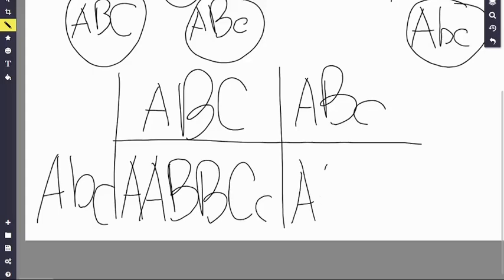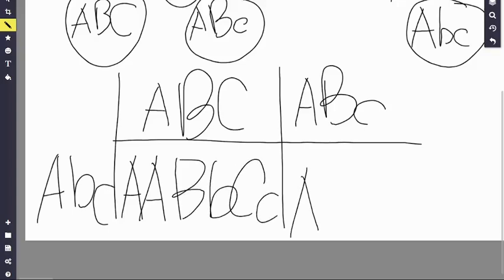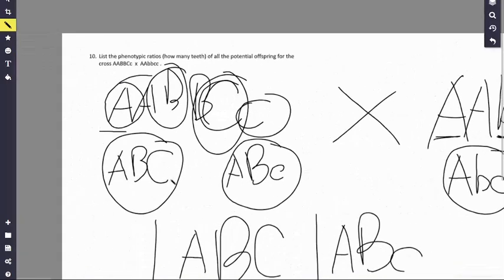This is going to be big A, big B, small b. Wait, how did I get big B here? Hold up. Okay, so this was big B, small b, big C, small c. Big A, big B, small b, small c, small c.